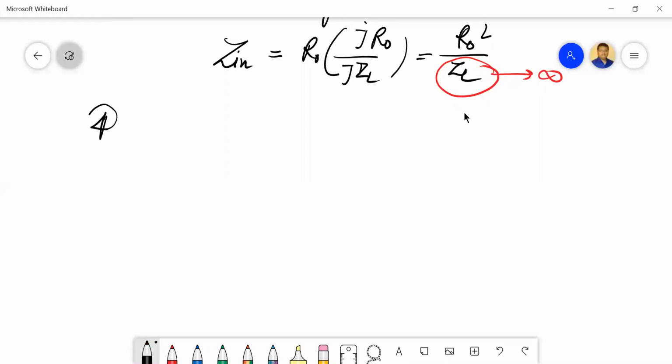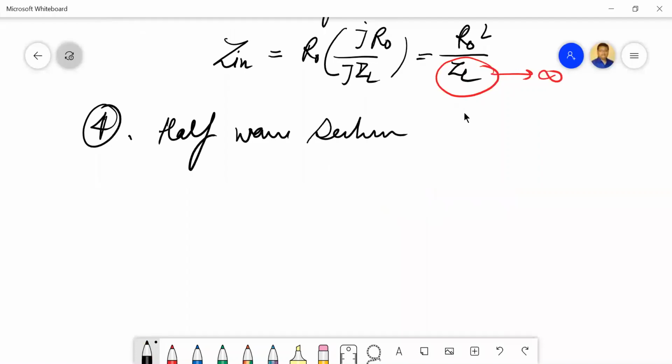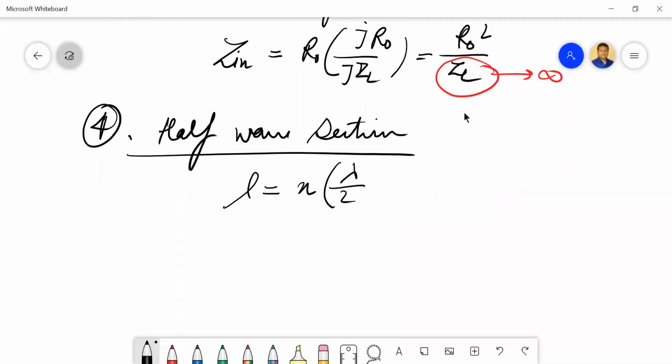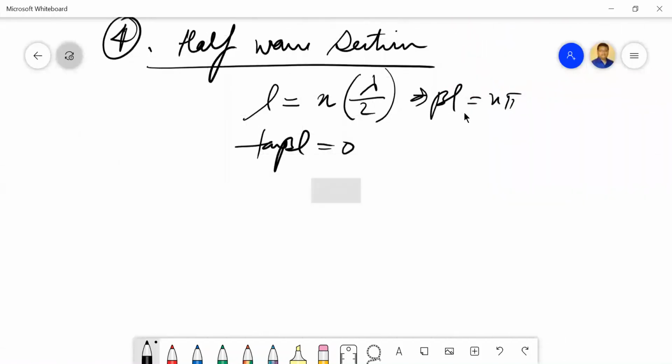And the last special case is the half wave section, which is very important. Here L will be n times lambda by 2, so βL will be n pi. In that case, tan(βL) will be 0. And what is the value of Zin?